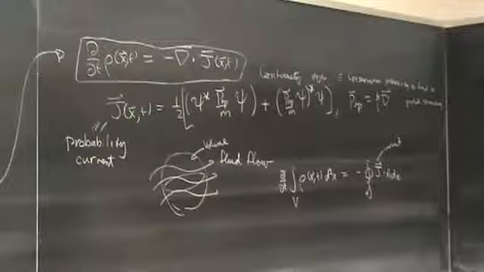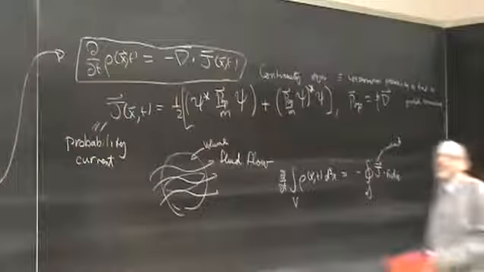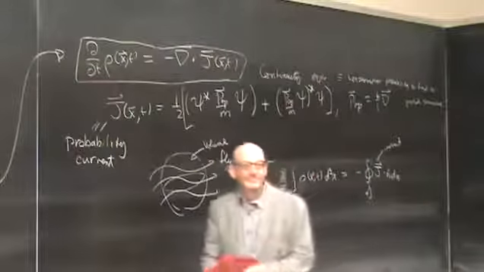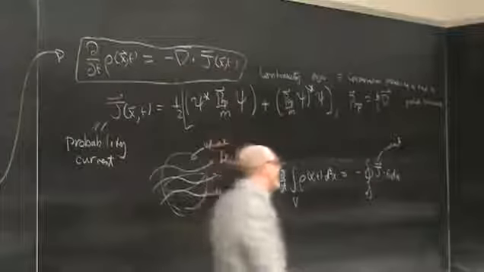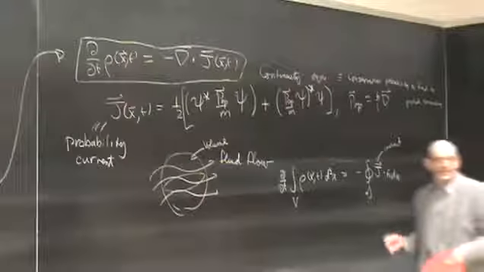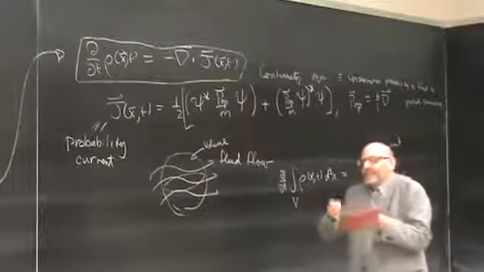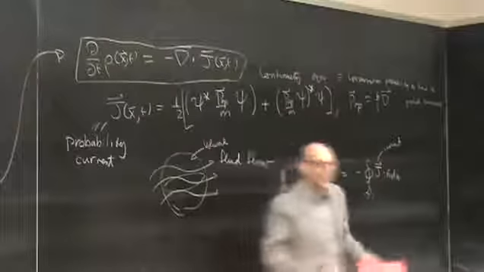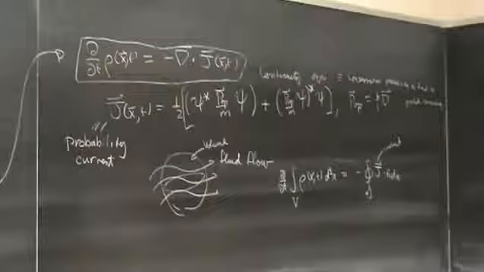This is saying that the particle is neither created nor destroyed. It just moves around. And there's a flux of probability if the particle is moving. So the probability density can change with time because the particle can move.